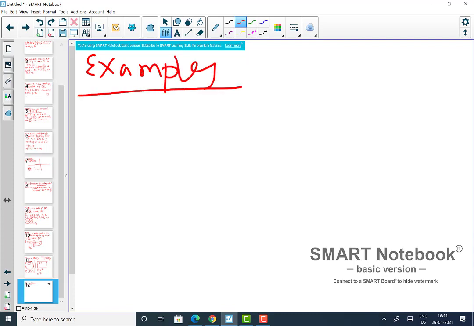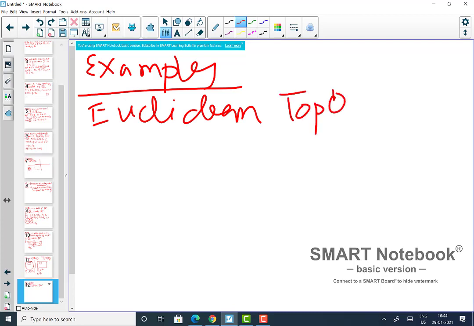Now you recall that inside R we already know one topology, which is called the Euclidean topology on R. We already discussed it. And what was the basis?